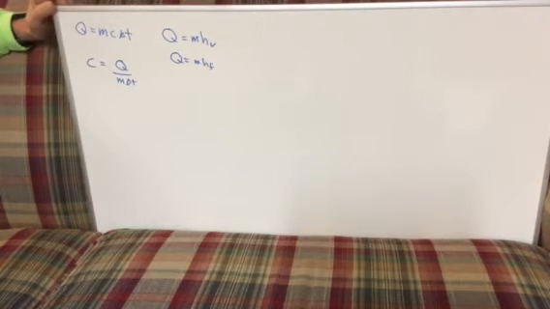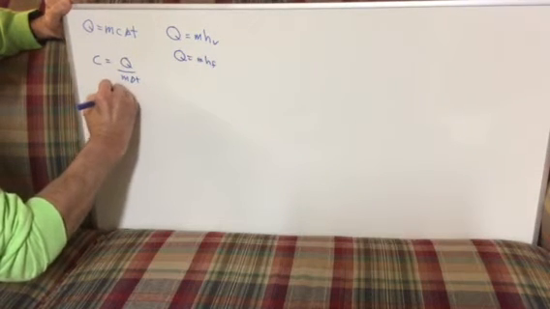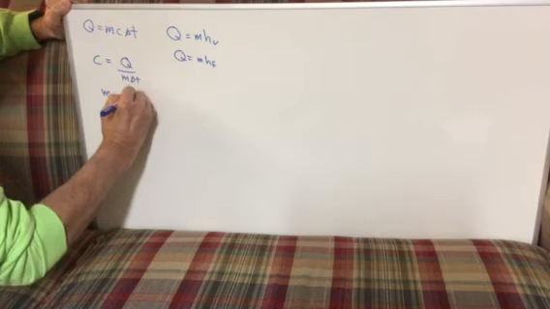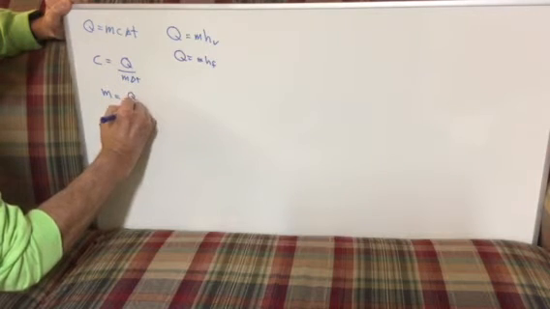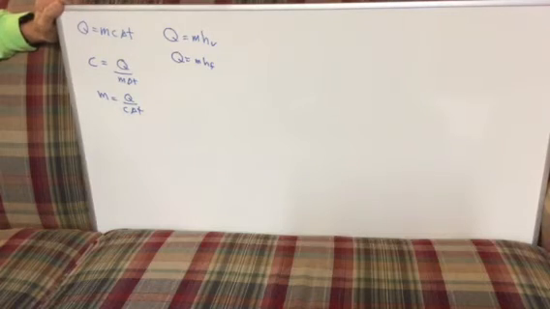It may even ask you for mass. Well, look at the same formula, and then I can say that mass equals Q over C delta T. I know some of you aren't real excited about using units, but when you use units, it helps you figure out the answer to the problem, because the units will work out.